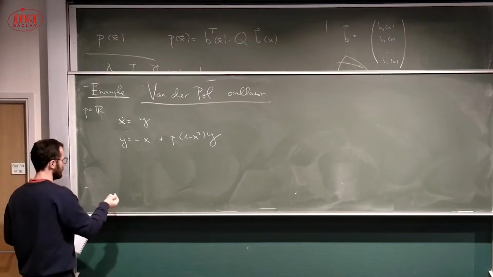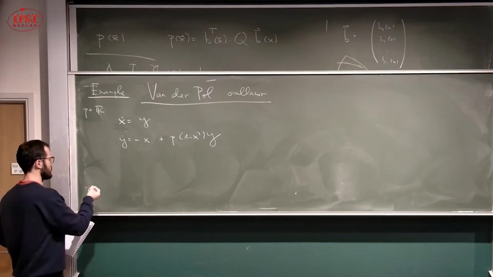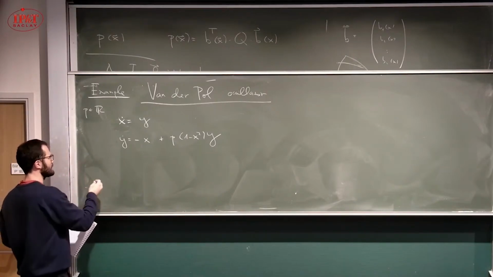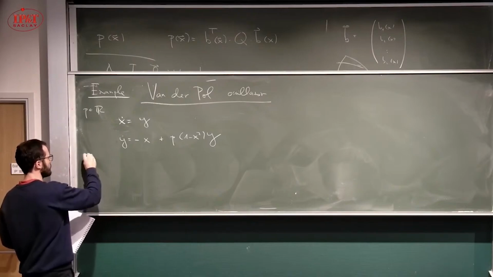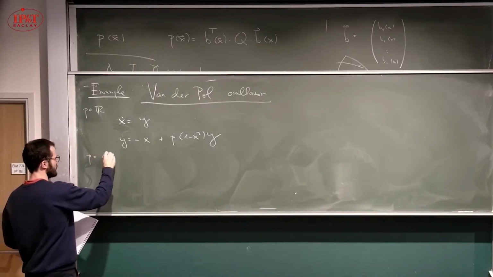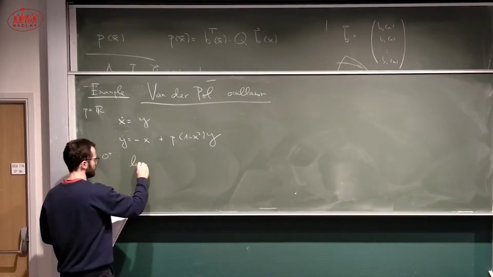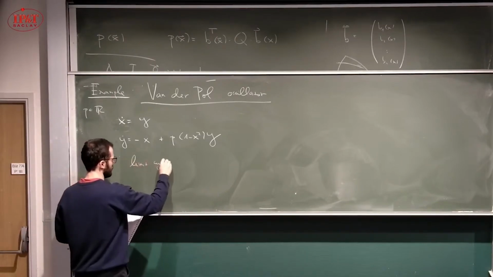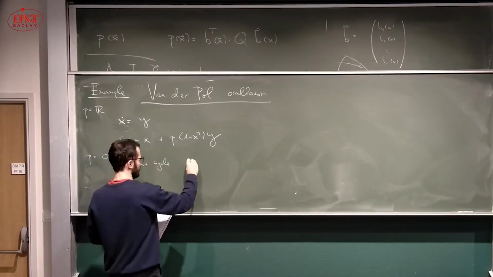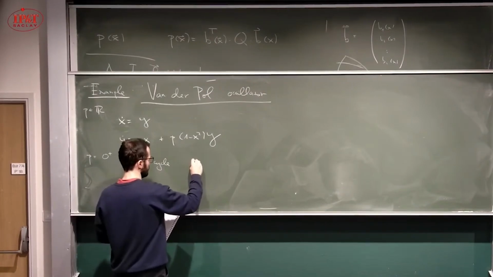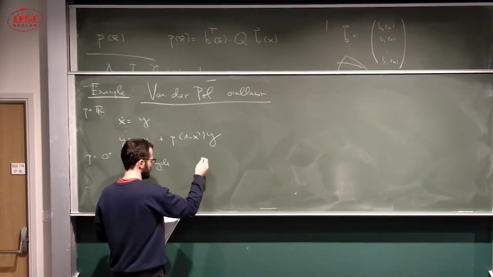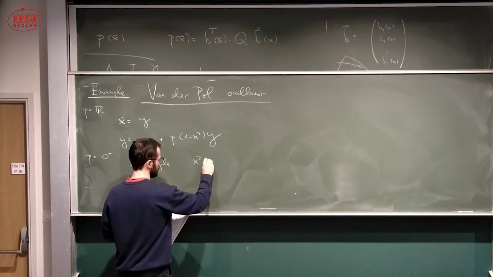It turns out, and you can easily convince yourself, as a homework exercise, that if p is tiny and positive, then there's a limit cycle, which is a circle of radius 2.